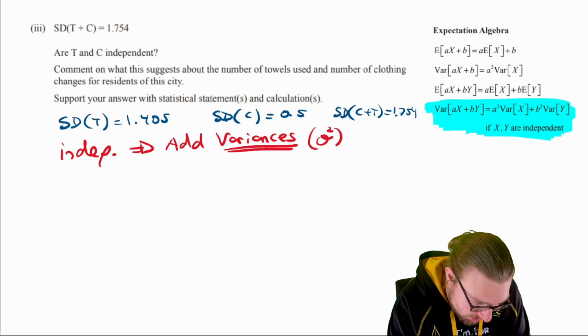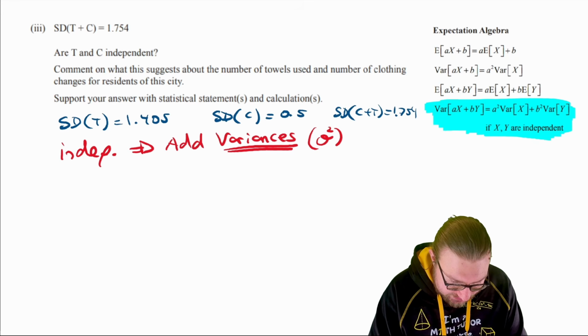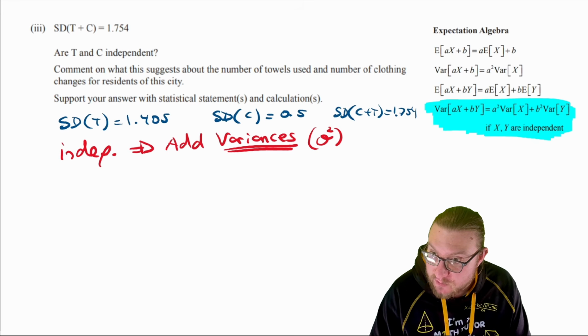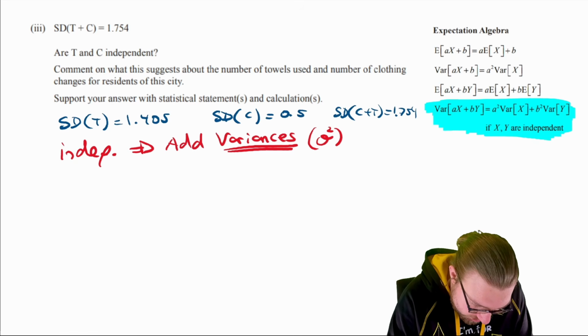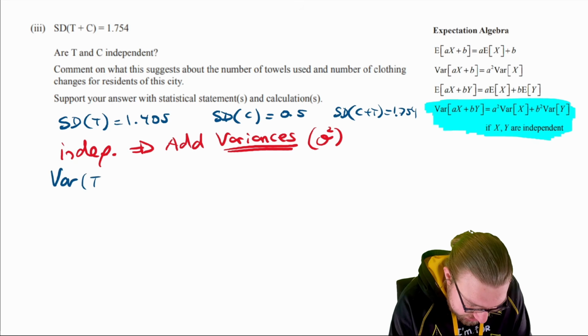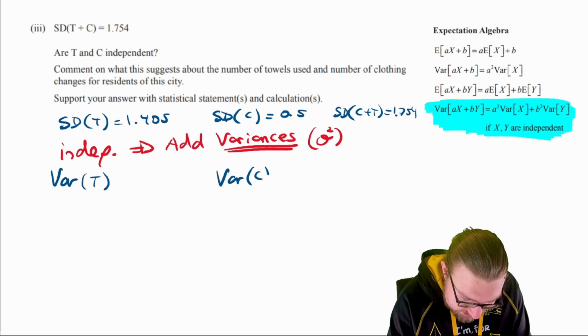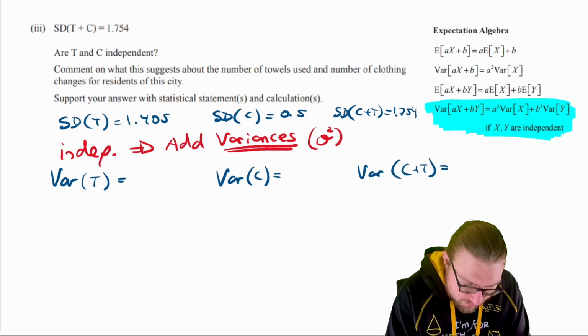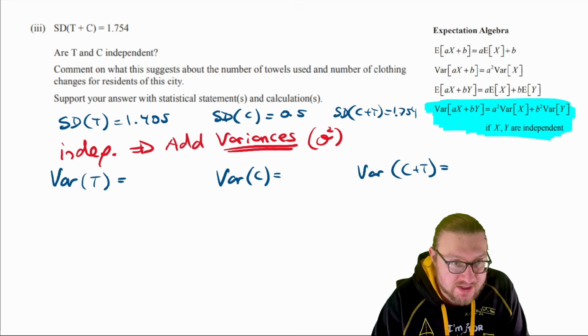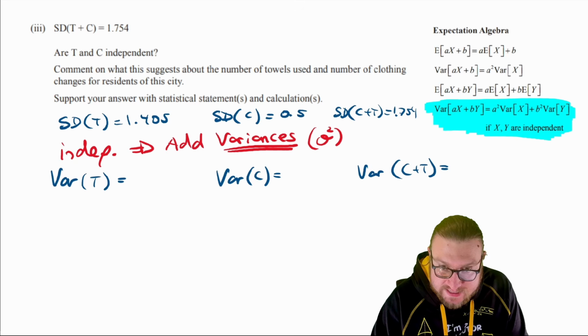The question gives us standard deviations, but we need to work with the variance, because that's all we can work with. So we're going to calculate the variance for T, the variance for C, and the variance for C plus T. And how do we do that? Well, remember the variance is the square of the standard deviation.